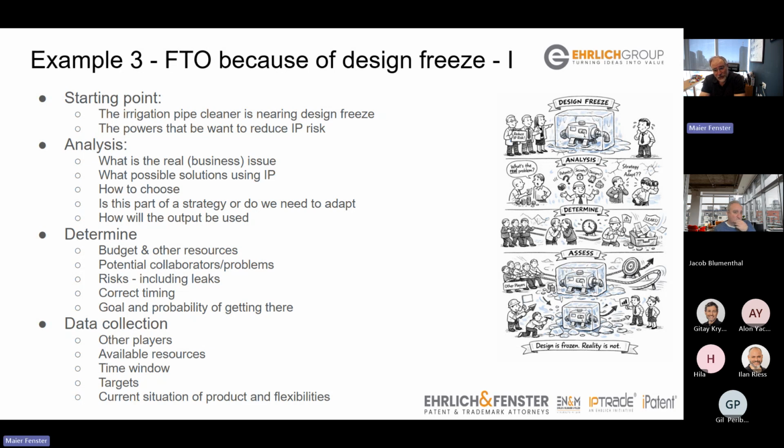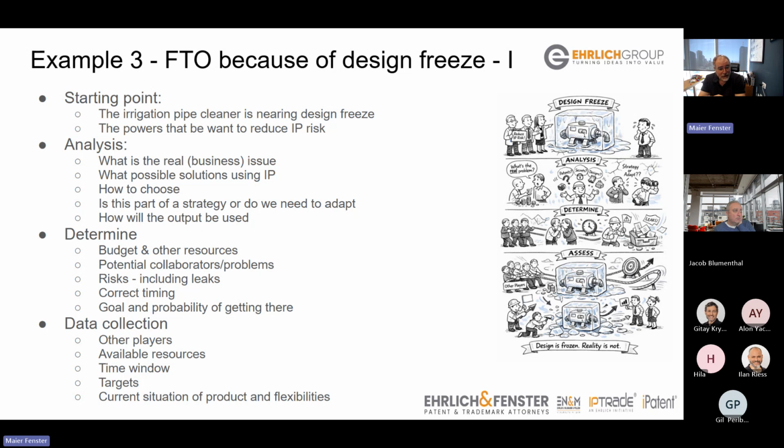This action that we're planning now, is it part of a whole strategy, or we're just doing it? And last but not least, any output of this process, how is it going to be used? Okay, if we prepare a freedom to operate opinion, down the road, how will it be used?